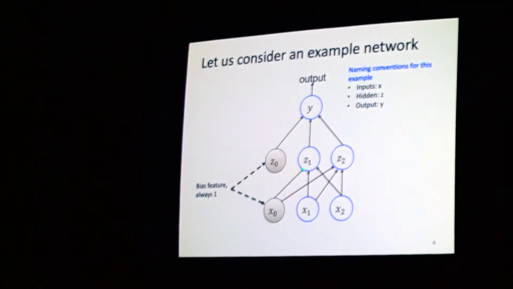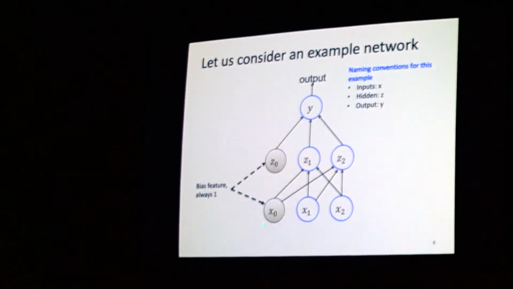Let us take a look at z1. Following the rule we just mentioned, to compute the value of z1, we multiply the value of each input neuron by the weight on the edge. So this weight times x1, and the weight on this edge times x2, plus the weight on this edge multiplying x0.